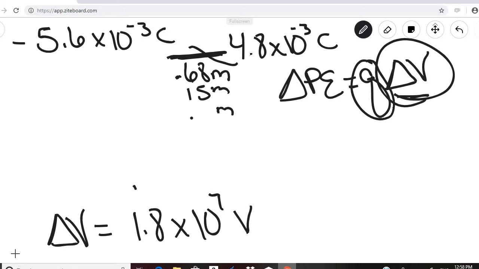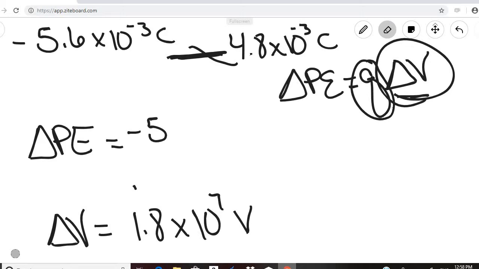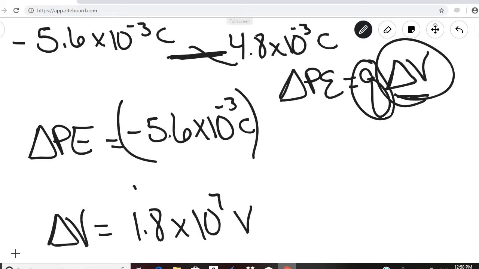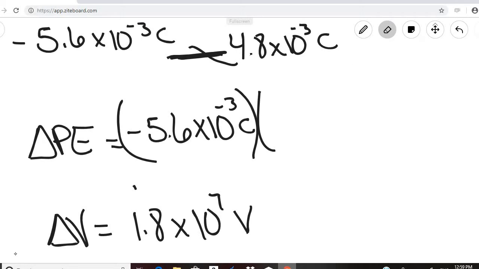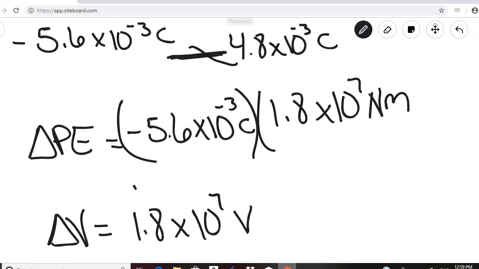Delta PE, the change in potential energy, is equal to the charge of the moving charge, including the sign, times delta V, which we calculated as 1.7 times 10 to the 7 Newton meters over coulombs.